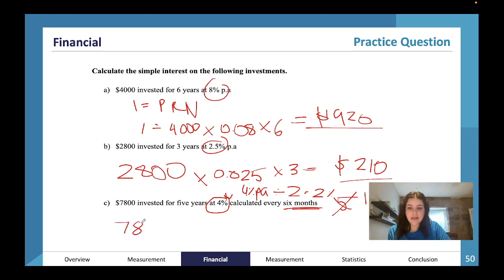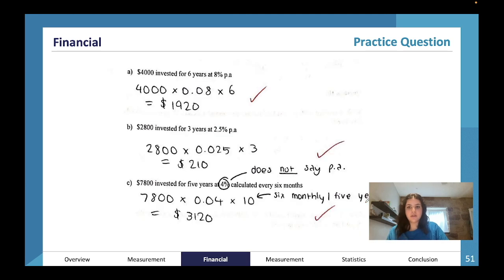So 7,800 times 0.04 times 10, and I get $3,120. Okay, we've got those notes there: it does not say per annum, 6 monthly, 5 years.